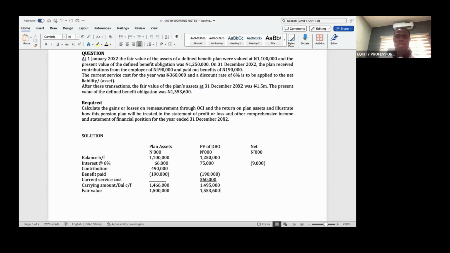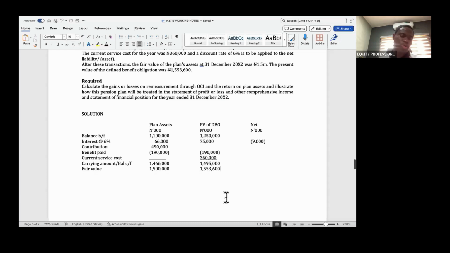Okay. Now, what do you then do with this? Number one, what goes into the statement of financial position is usually the net of these two. In this case, the obligation is higher than the assets. Therefore, we'll have a net defined benefit obligation, or a deficit, of 53,600.